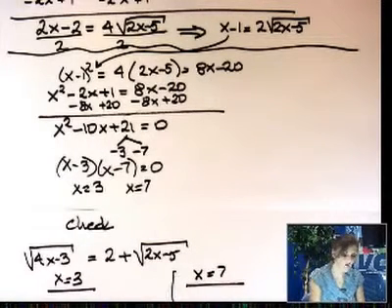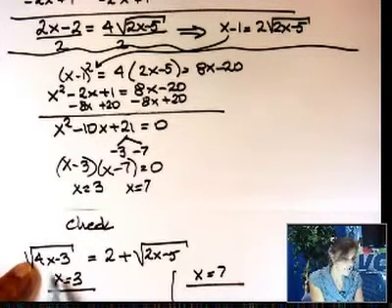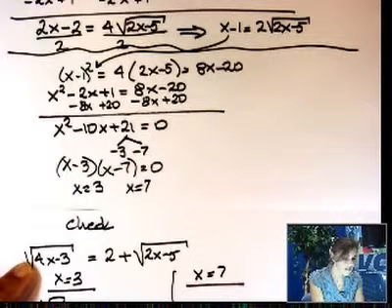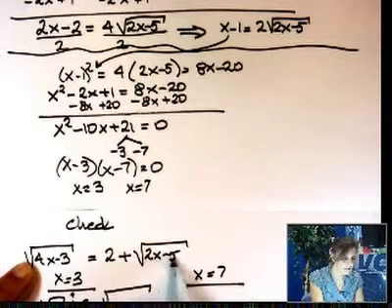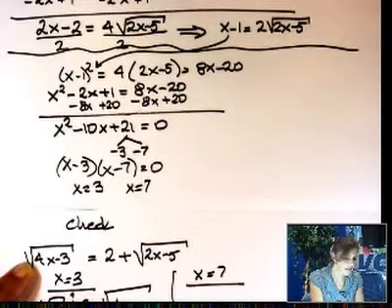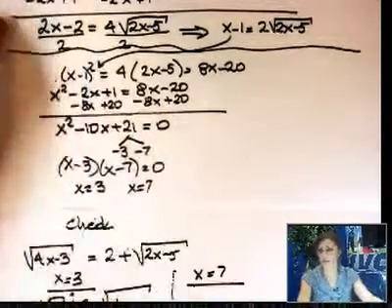Okay, when I check 3, so you have 4 times 3, that's 12, minus 3, that's 9. Is that equal to 2 plus, that is 6 minus 5, that's 1. So that'll give me 3. That's 2 plus 1, that's 3. X equals 3 checked out.